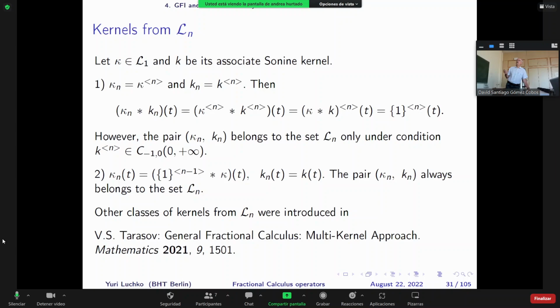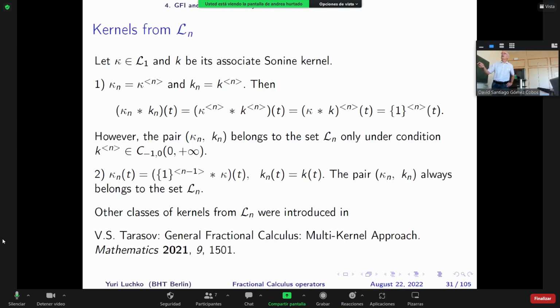If we take the kernels kappa and k from the set L_1, these are just normal Sonian kernels, and consider the n-fold convolutions, then of course the convolution of these both kernels is just the n-fold convolution of the convolution of kappa and k that is equal to 1, because these kernels belong to the space L_1, and thus the kernels kappa_n and k_n belong to the set L_n.